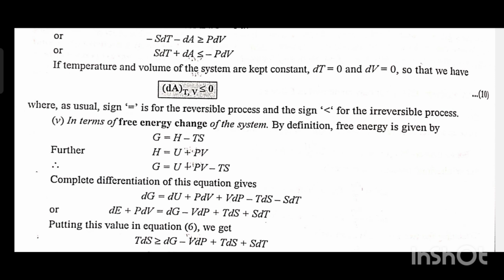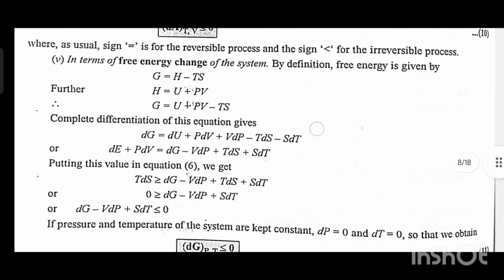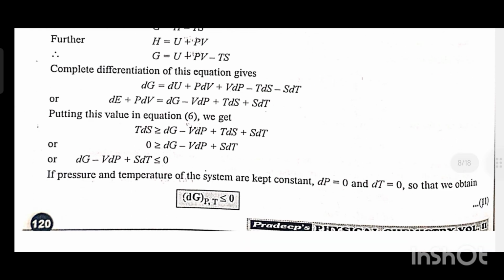Number 5, in terms of free energy change of the system, by definition free energy is given by G = H - TS. Further, H = U + PV, therefore G = U + PV - TS. Complete differential of this equation gives dG = dU + PdV + VdP - TdS - SdT. So dU + PdV = dG - VdP + TdS + SdT.